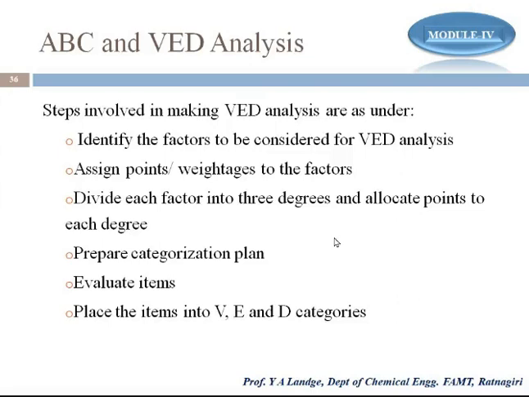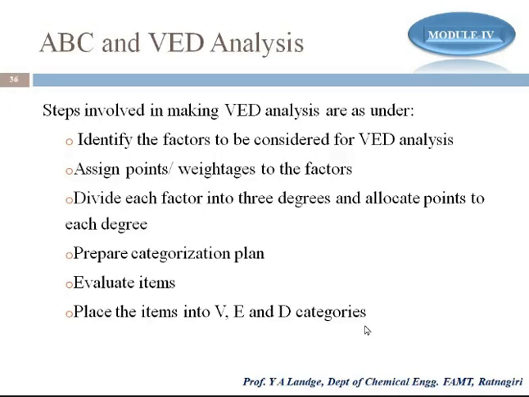Third is to divide each factor into three degrees and allocate points to each degree. Prepare the categorization plan, evaluate the items, and place the items into the V, E, and D categories. So here we are sorting on the basis of the weightage we have given, the points that we are assigning.